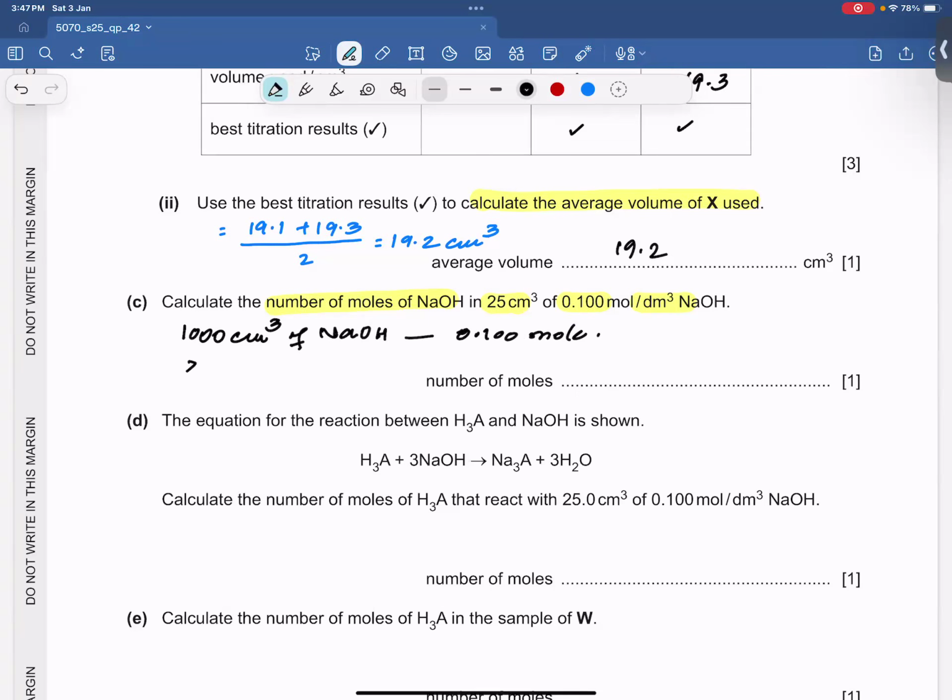When we have 25 cm3 of NaOH, so the moles is going to be 0.0025.